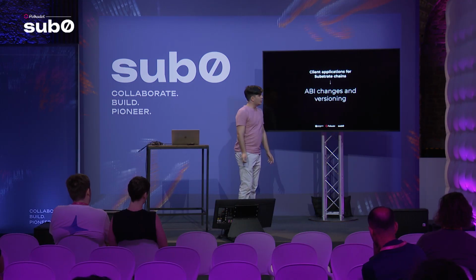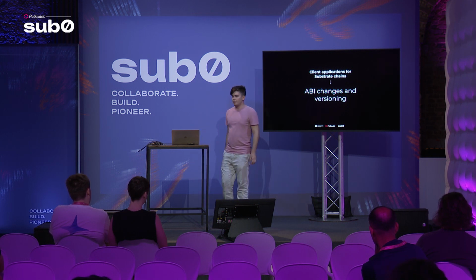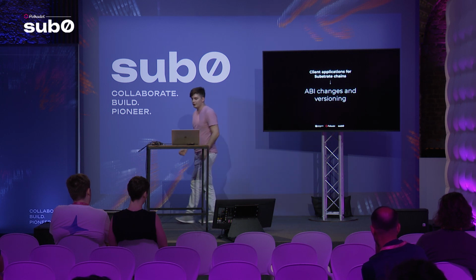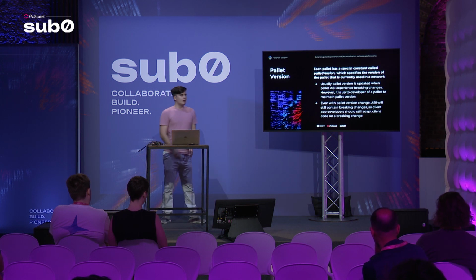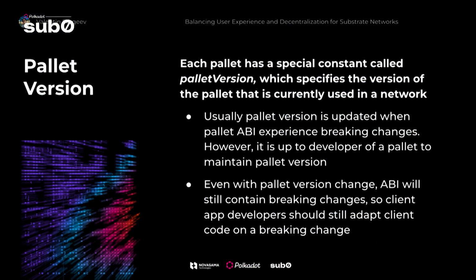So now, after we quickly checked how Substrate networks work and what they consist of, let's talk about Substrate pallets, API changes, and versioning. And actually, it's not that great, because Substrate pallets don't allow us to version our code and our API in a Web 2 way. While there's a special constant called pallet version that exists on each pallet, it's just a number.